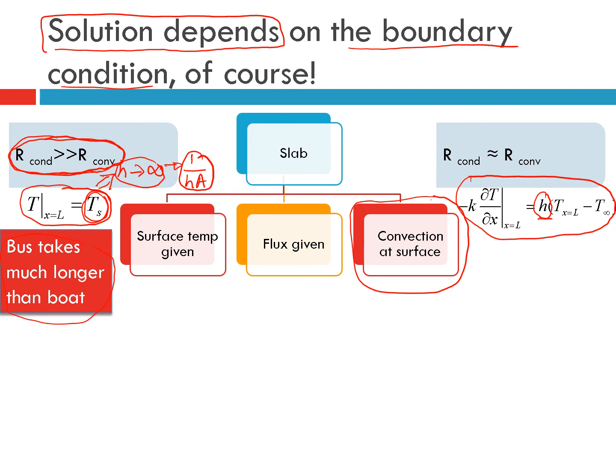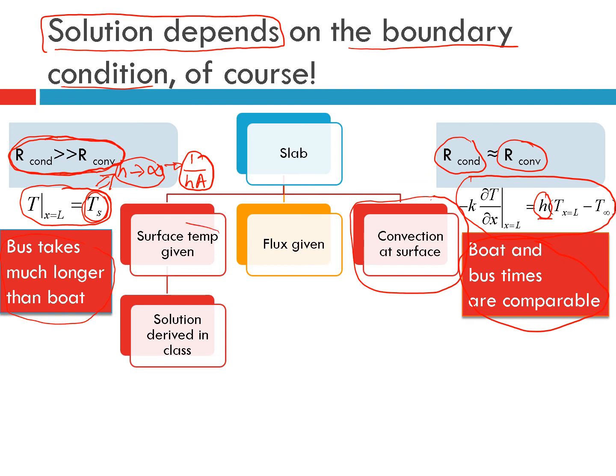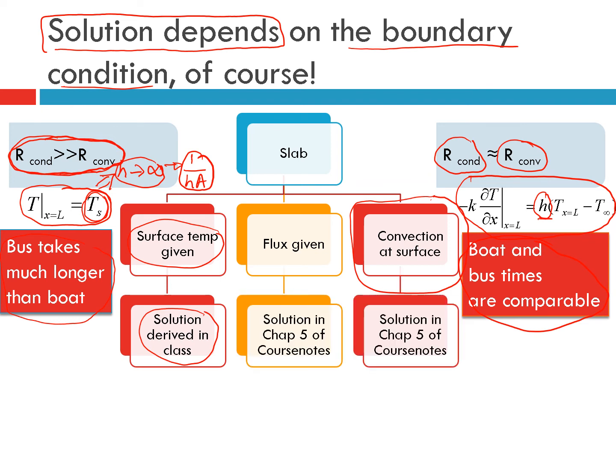In terms of the solution, the conductive resistance and convective resistance can be comparable, or by analogy, the boat and bus times are comparable. For convection at the surface, the solution can be derived following a very similar procedure, just a change of boundary condition. This is shown in the course notes and in the text.